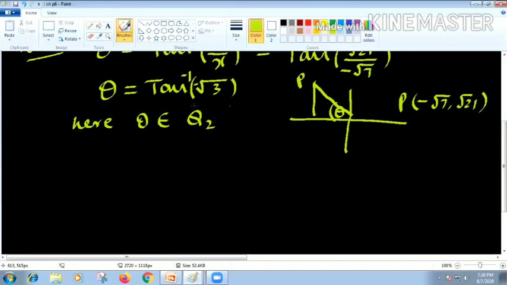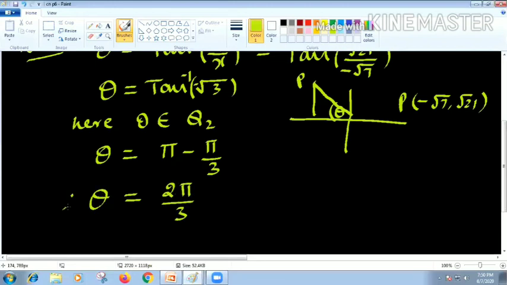So for tan theta, we have to find theta such that its value is in the second quadrant. So here the theta will be pi minus pi by 3, that will be 3 pi minus pi, 2 pi by 3.